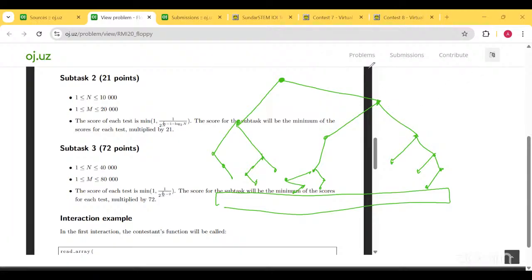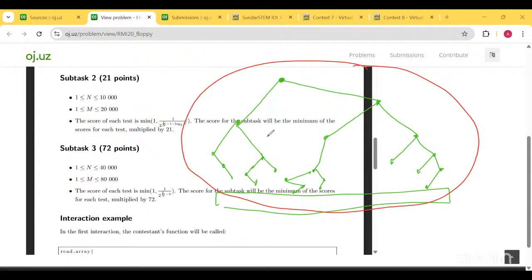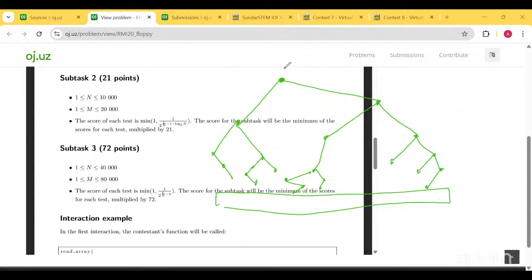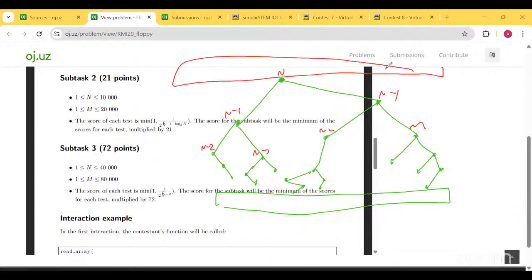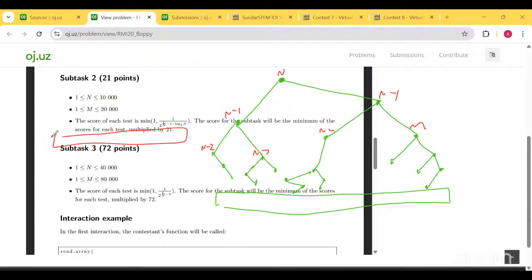Or actually, after knowing this, we can generate the array. Let's make it n. This is n minus 1, n minus 1, n minus 2, n minus 2, n minus 2. And then we can just solve it using a segment tree or sparse table after generating this array, right? But we can use LCA as well. Why does it always become the LCA between this and this?